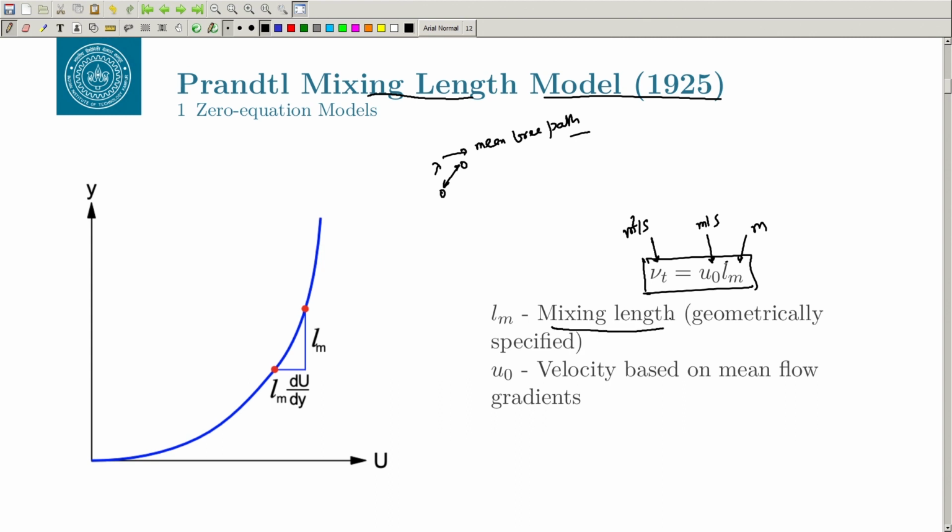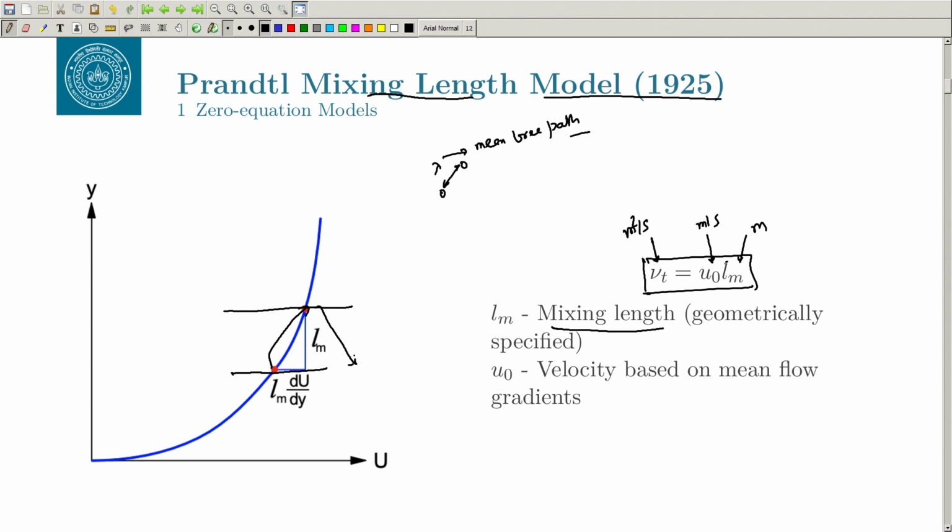As we said, the eddies are of different sizes. So, prescribing one single length scale is not an easy task, but we can borrow the idea of Prandtl. Let us say we have two layers here, one layer here and one layer here, and as you know, between these two layers the molecules keep on jumping, from here to there or from the top to bottom.